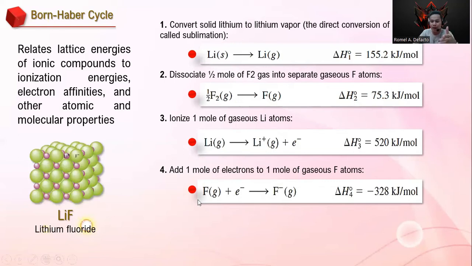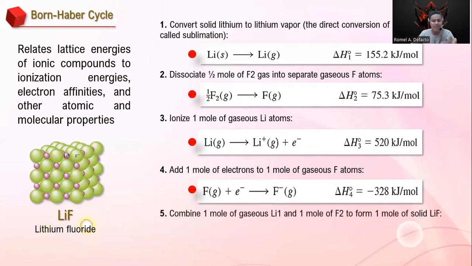And since it is negative, it requires the removal of 328 kilojoules per mole of energy. The last step is the combination of 1 mole of gaseous lithium and 1 mole of F2 to form 1 mole of solid lithium fluoride.